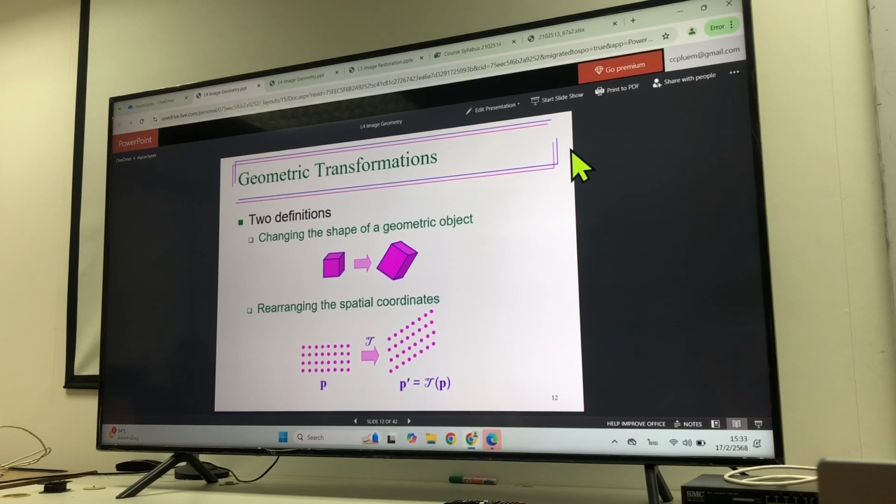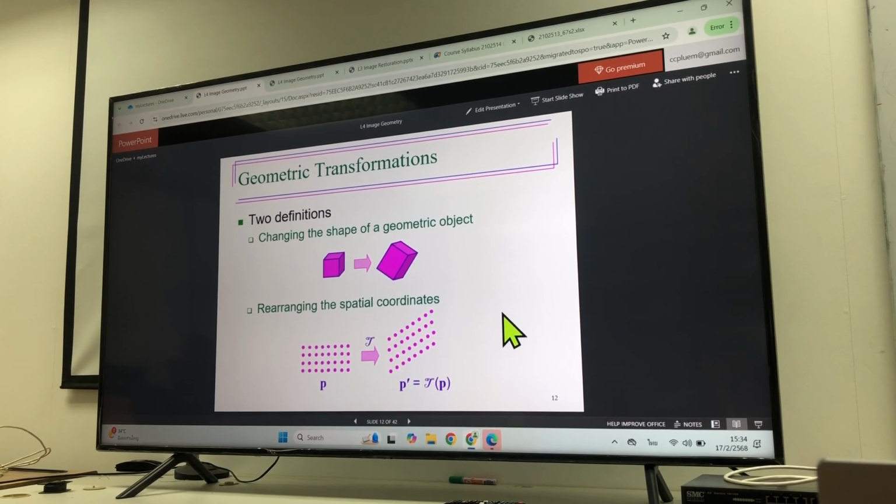Geometric transformation has two definitions: changing the geometric shape and changing the spatial coordinates. What we will be learning here is changing the spatial coordinates. We have a 2D image, and we want to change rectangle pixels into some quadrilateral pixels.